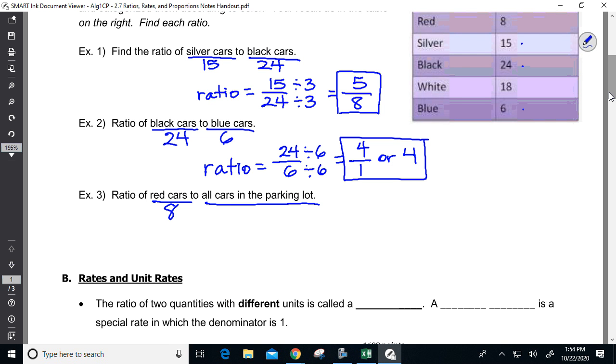So this is 8, 15, 24, 15, and 6. So what does that add up to? I got 71. You should get 71.